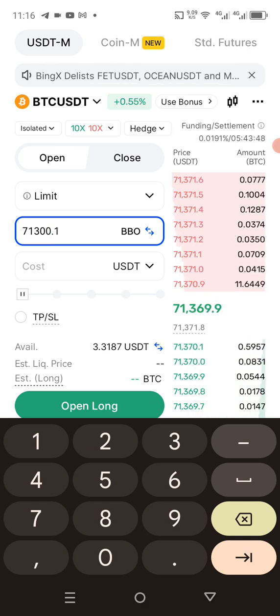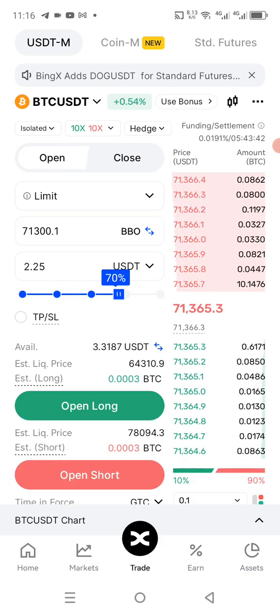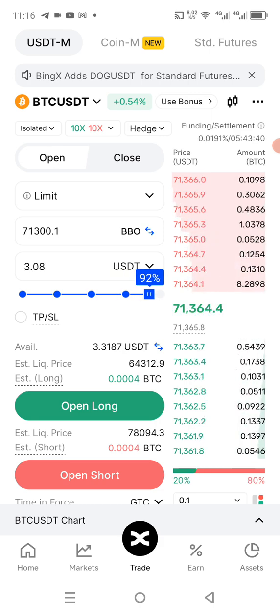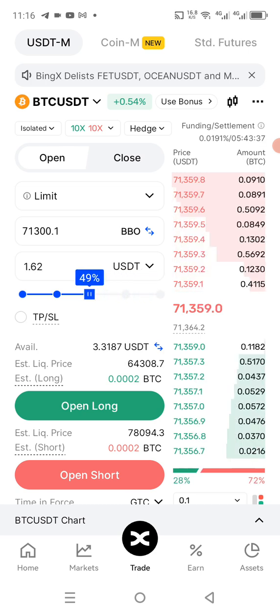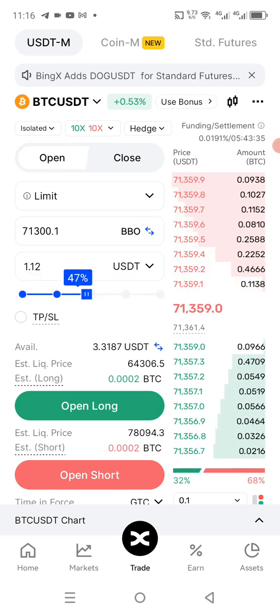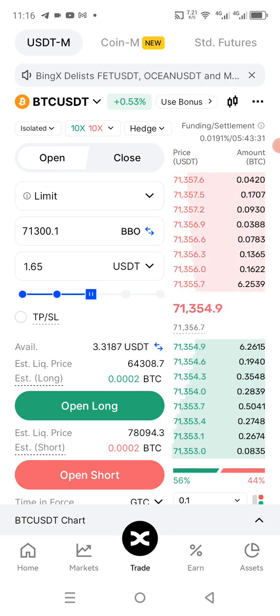Then this is the cost, the amount you want to use. I don't have much money there, I have already staked. If you want to use 100% or 50% of your capital, this is where you take it. Then you stake, then you click long, open long.